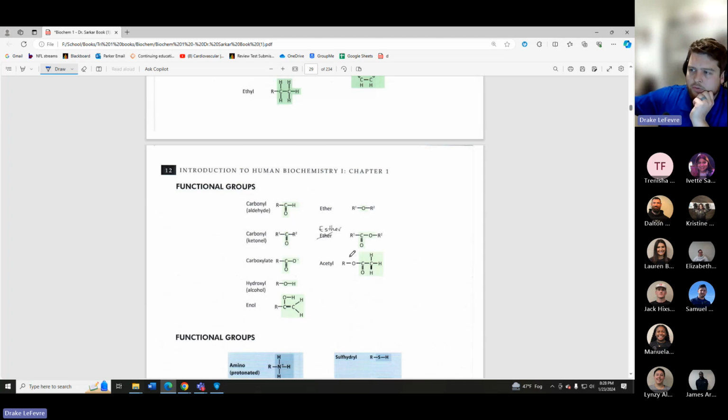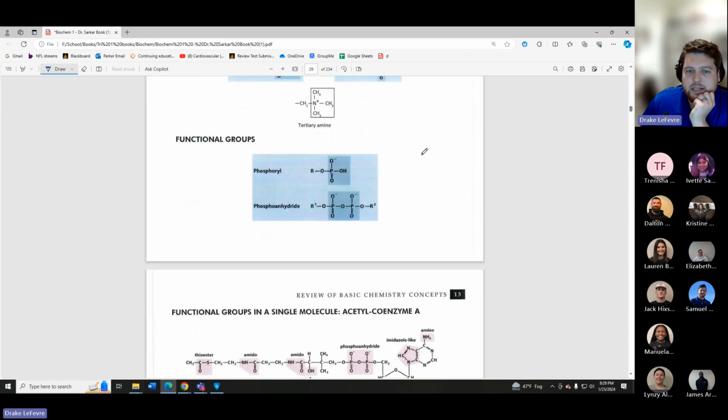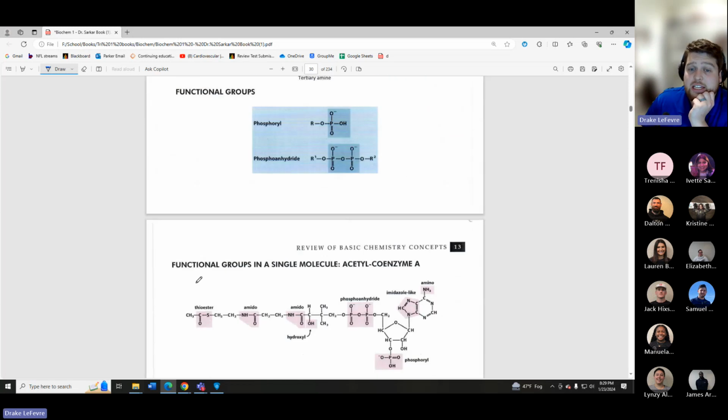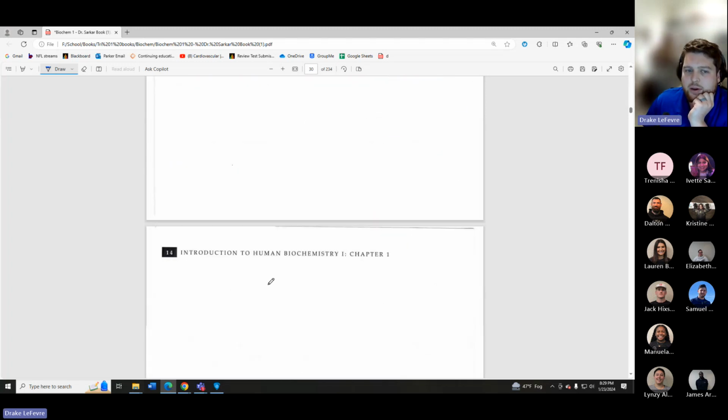Do 10 minutes a day of functional group stuff, because it will sneak up on you on the exam, and cramming it does not work. You will need to know functional groups and understand what they do for Biochem 2. So setting yourself up now in Biochem 1 will save you a lot of headache in Biochem 2.